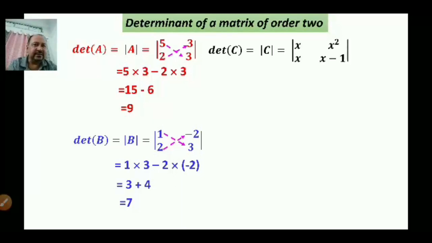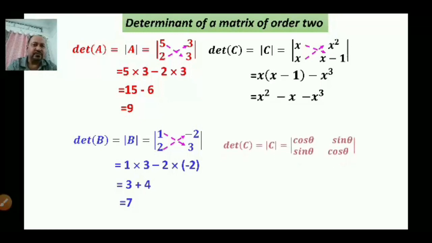Determinant C, you can use this idea in polynomial elements also. So determinant C, you cross multiply x into x minus 1 and minus x into x square. x square minus x cube.